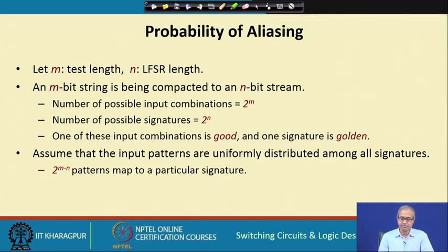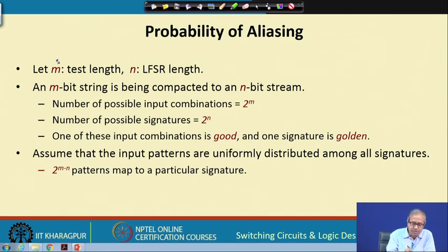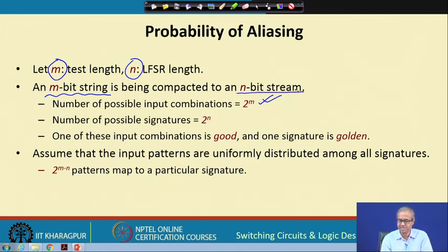Talking about the probability of aliasing, that is, what is the chance that some error will occur, but we will not be able to detect it. Let us see. Suppose the number of bits in the input stream is m and the LFSR is an n bit LFSR. So, in the input we have an m bit string, which naturally will have 2 to the power m combinations, and finally, in the LFSR we are compressing it to an n bit stream.